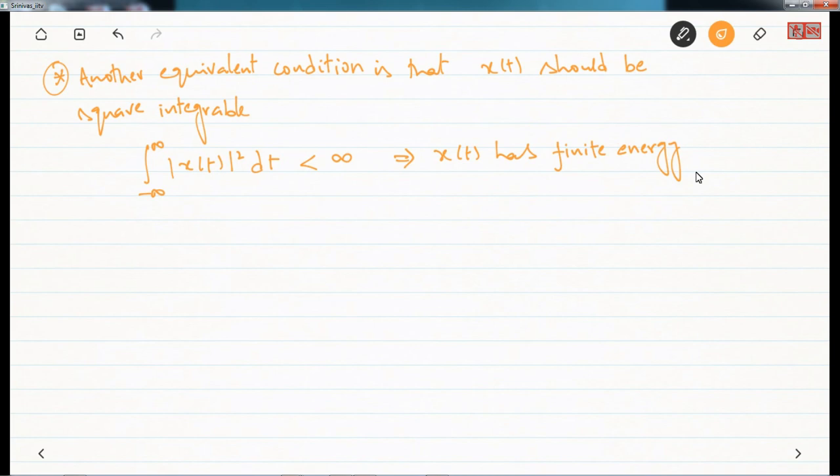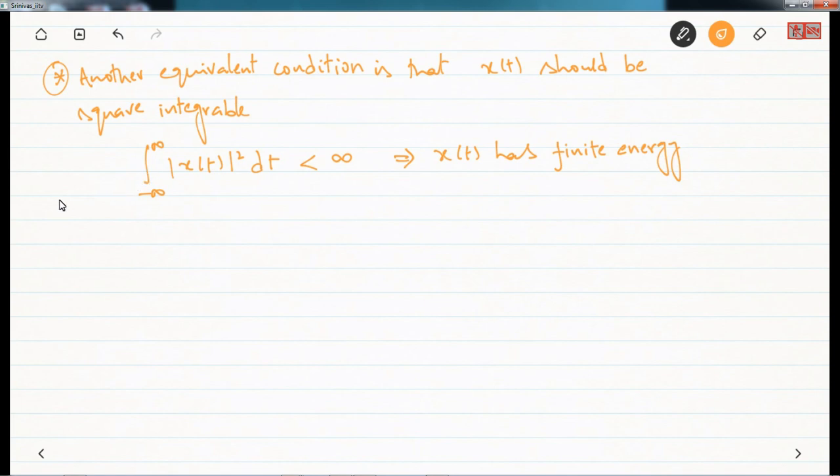Then also x of t will have a Fourier transform, right?